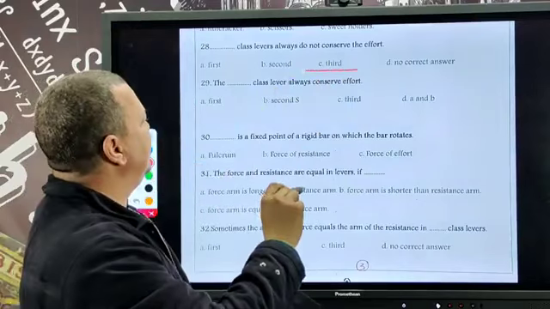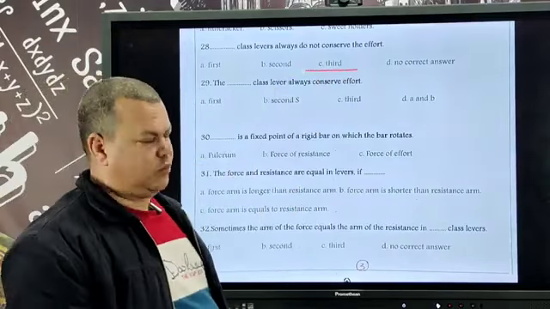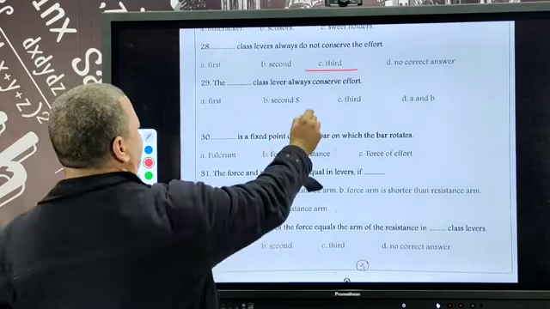The space class lever always conserve effort. دائما بتوفر الجهد يبقى second class lever.